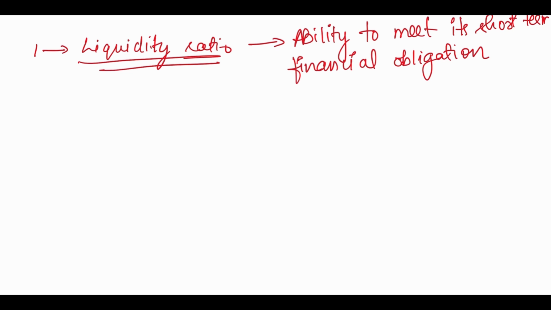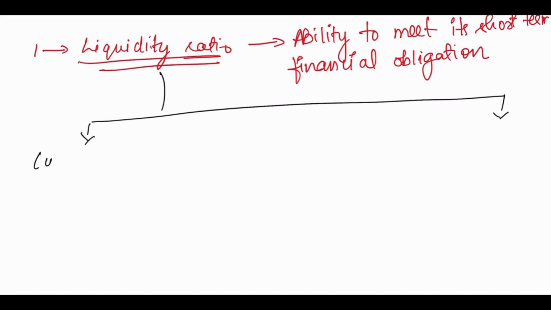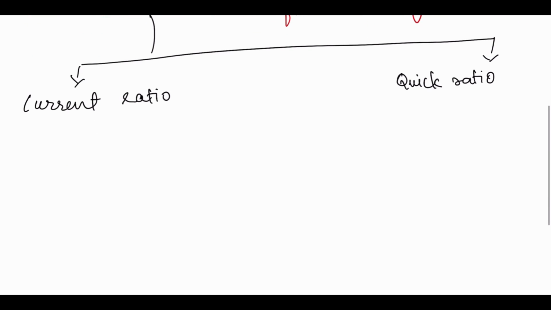So this is the meaning of liquidity, and there are two types of liquidity ratio, that is current ratio and quick ratio. Okay, this quick ratio we will say it as liquidity ratio also.